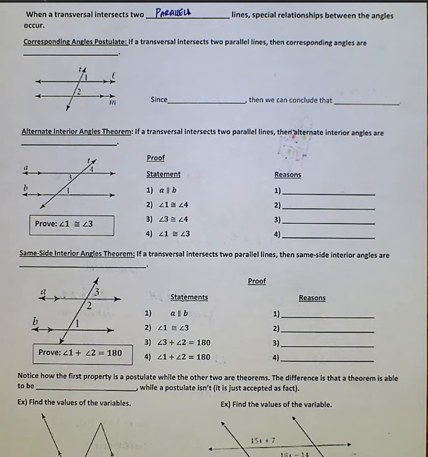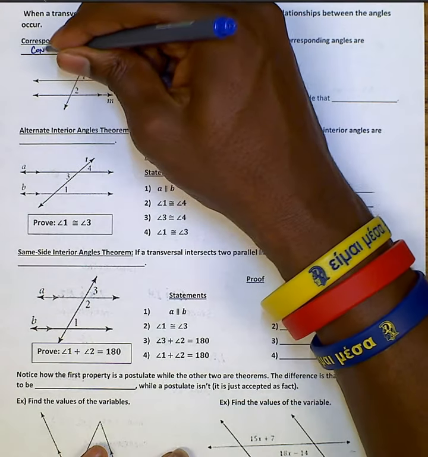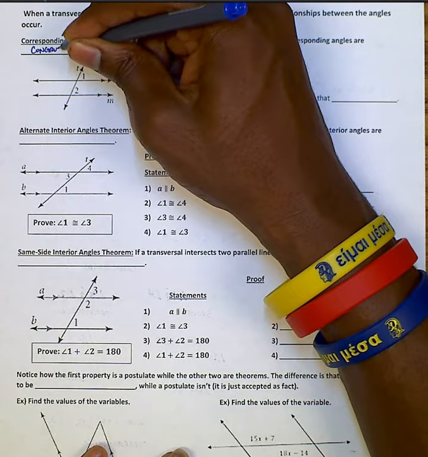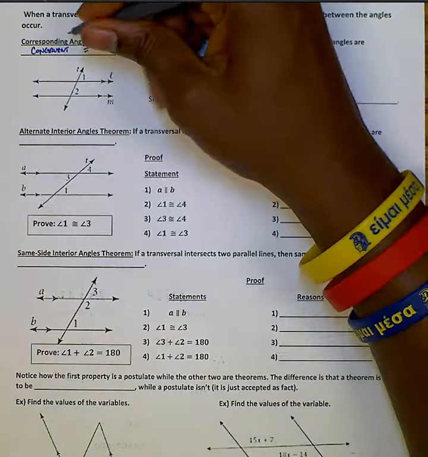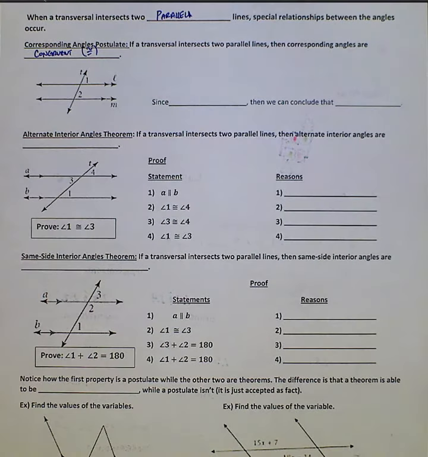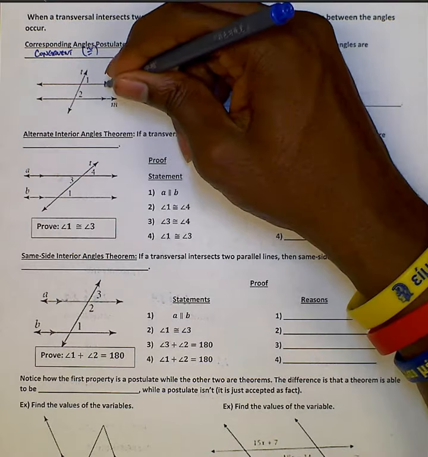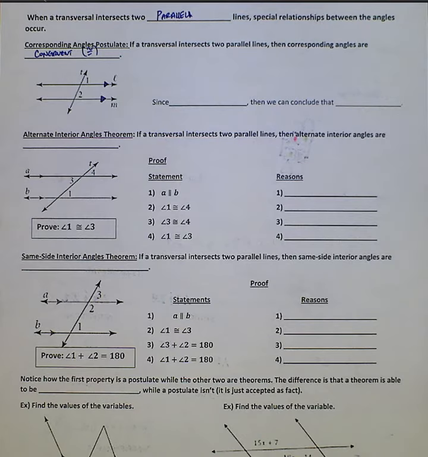Corresponding angles postulate. It says if a transversal intersects 2 parallel lines, then corresponding angles are congruent. Congruent. Okay, we could also use that congruent sign. All right. So they tell us here with these arrows indicate that line L and line M are parallel to each other.